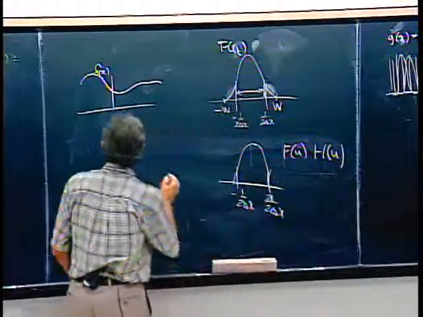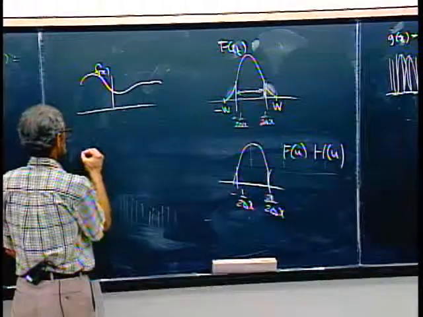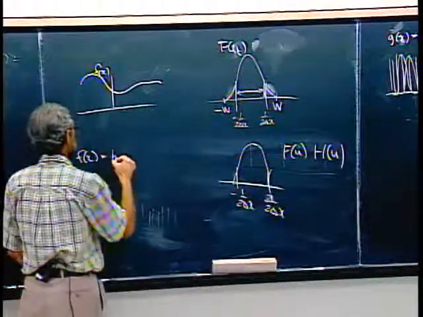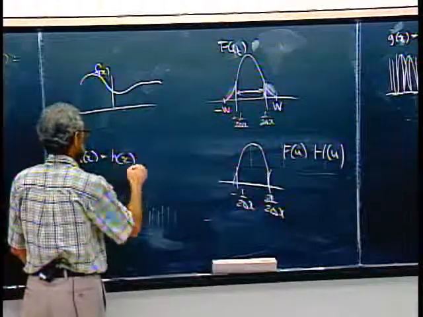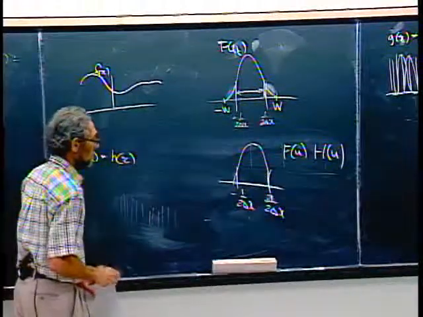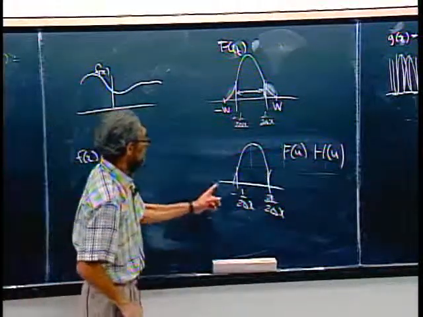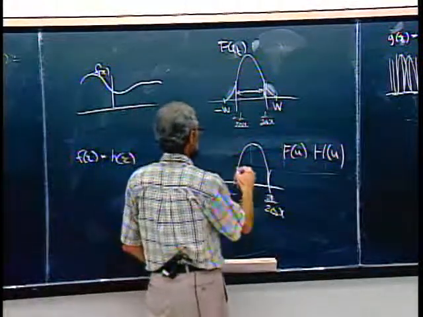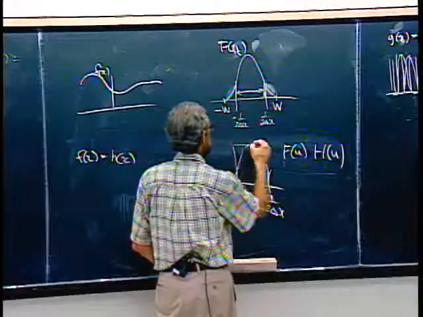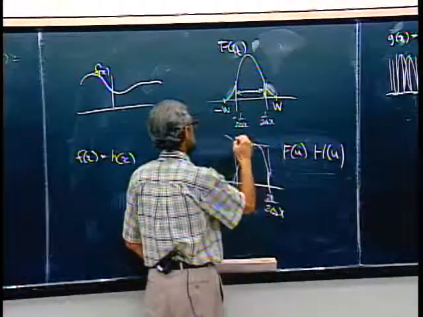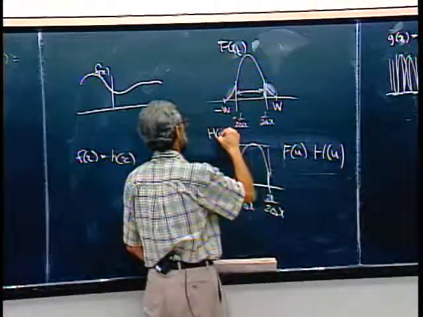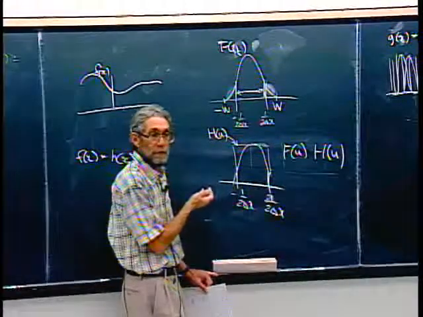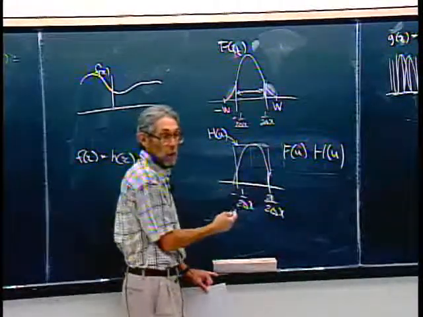So now I have to do a convolution here, f of x convolved with h of x, and this window function that I'm multiplying it by, here is my h of u, which is, again, a square window.